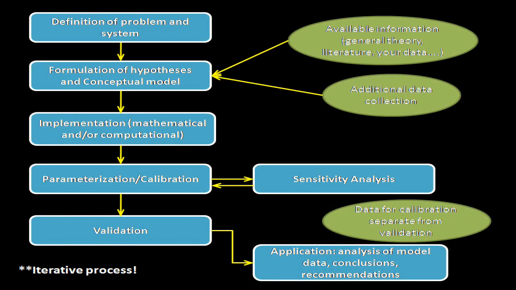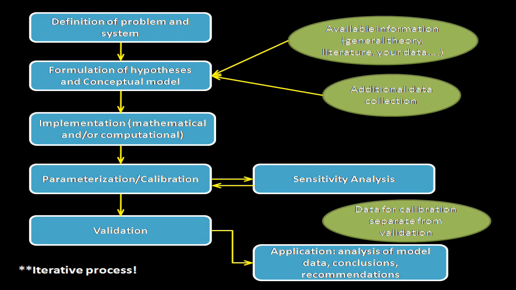So you define the problem, you define your system, and using this problem, then you formulate certain hypotheses and conceptual model of that system using all available information, whether it's general theory, literature, your own data, and you start also figuring out what additional data you need to collect. And then you implement this model in some way. If it's conceptual, then that's kind of where it ends.